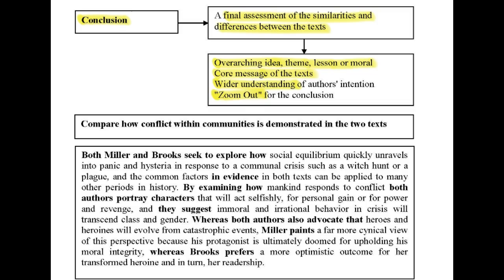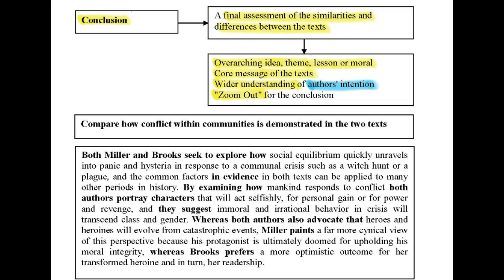One way of looking at that perspective is to consider the author's intention. What is it that the author or the authors want their readers to take away with them after they've read the text? What are the core or key messages that the readers should take away?